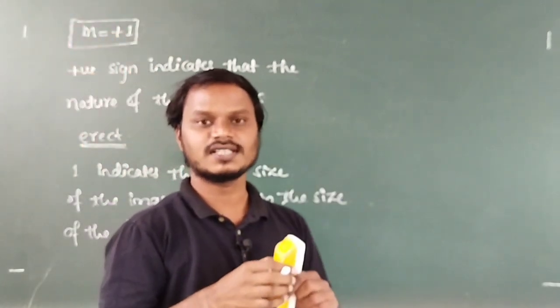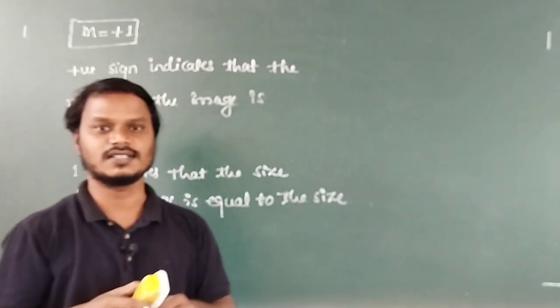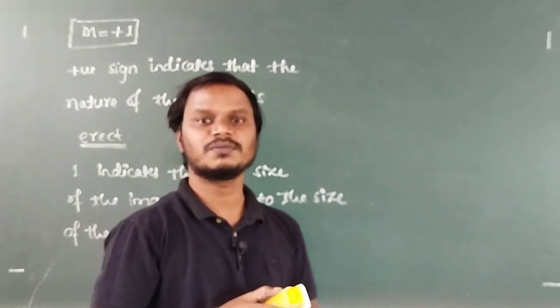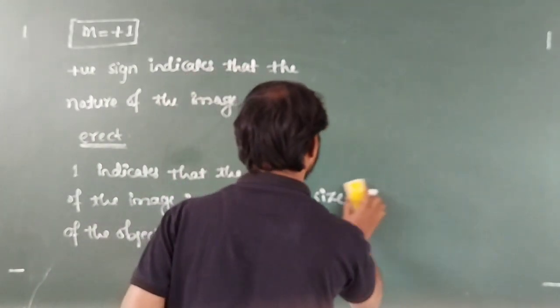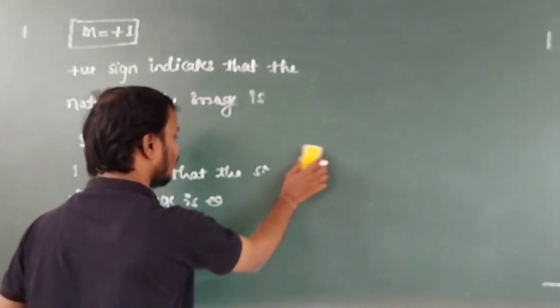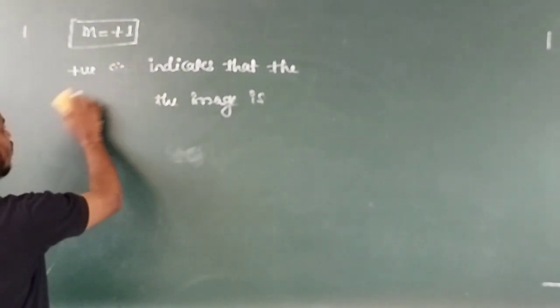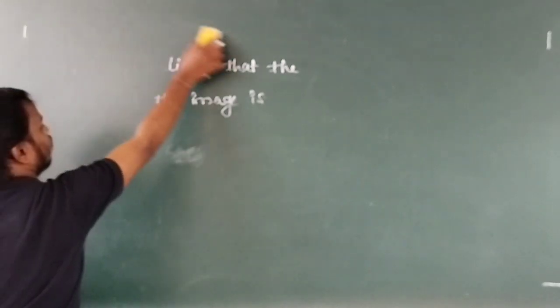So in the previous class we discussed all those things. In today's class we are going to discuss the deviation produced by a plane mirror. So what is the deviation produced by a plane mirror? It is the angle between the extended incident ray and the reflected ray.